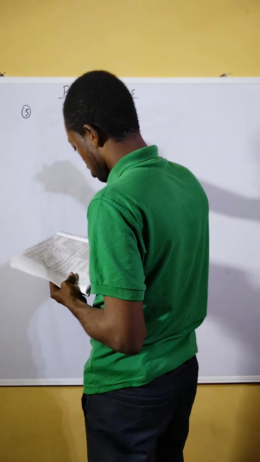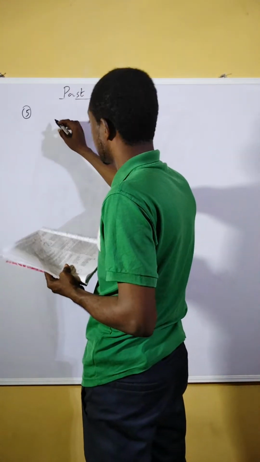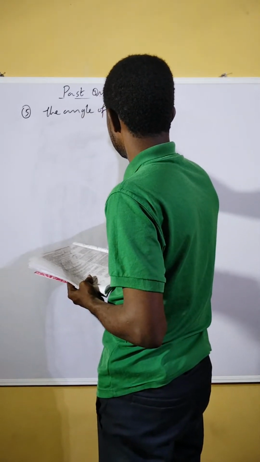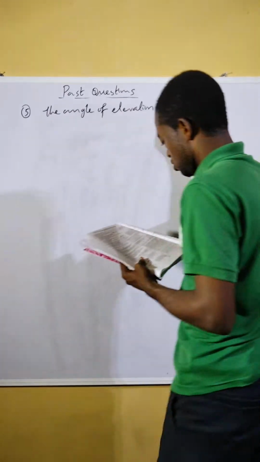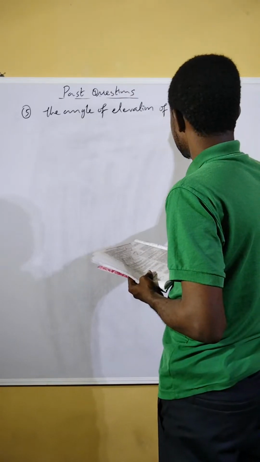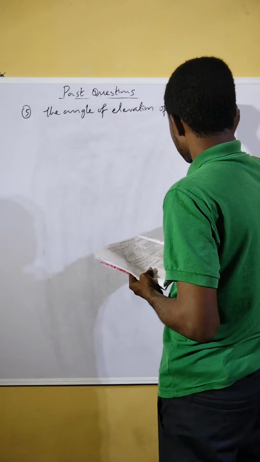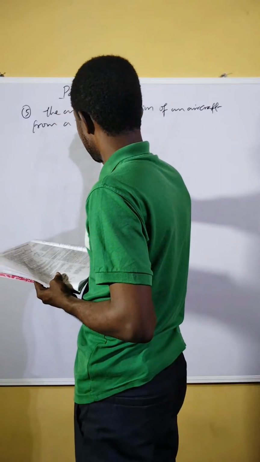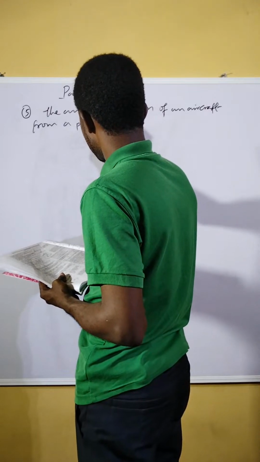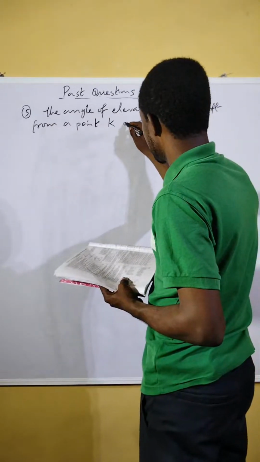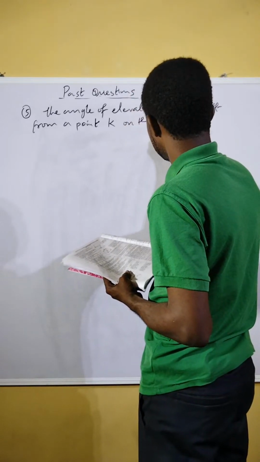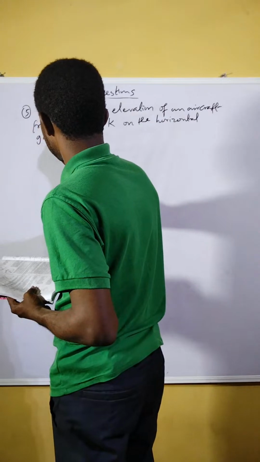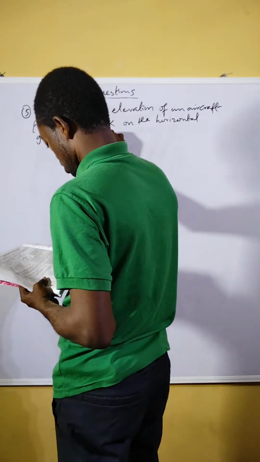Now, the angle of elevation of an aircraft from a point K on the horizontal ground is 30 degrees.